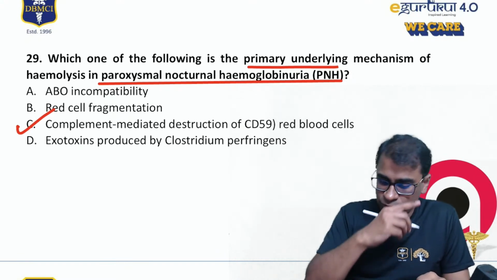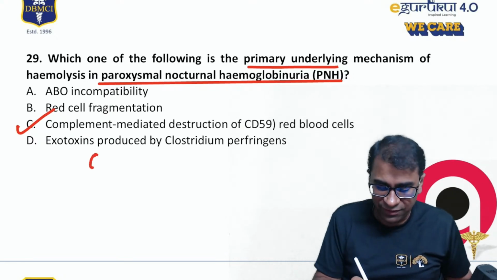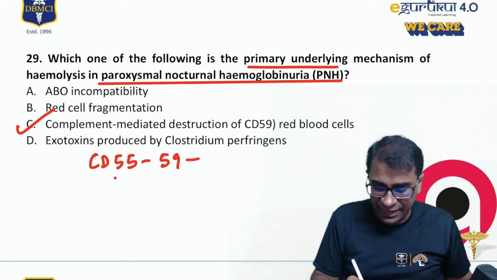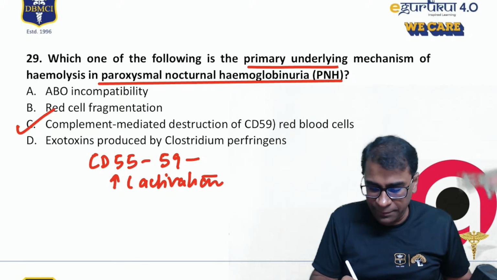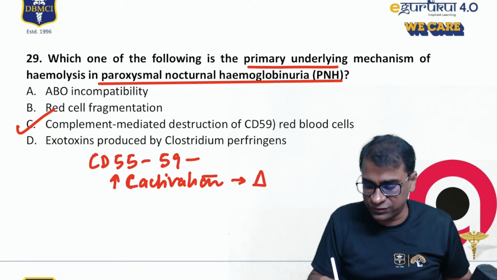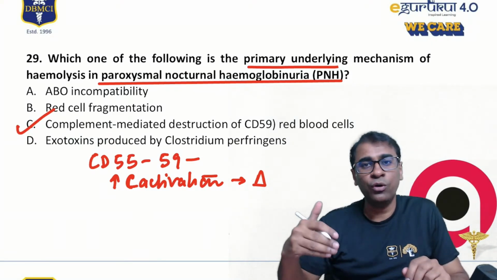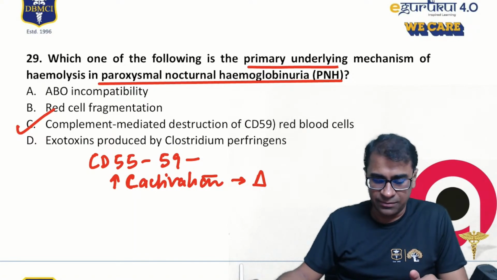Very correct. Because of CD55 negative and CD59 negative cells, there is excessive complement activation, and that excessive complement activation causes a triad of pancytopenia, intravascular hemolysis, and thrombosis. The right answer is C here.